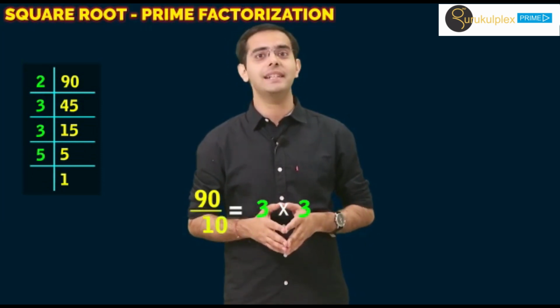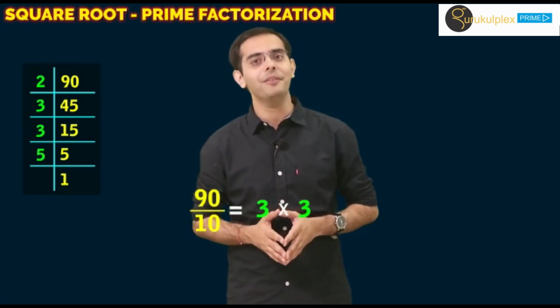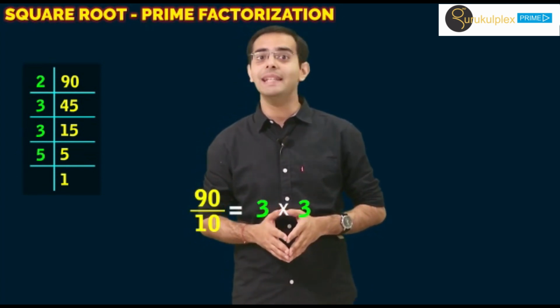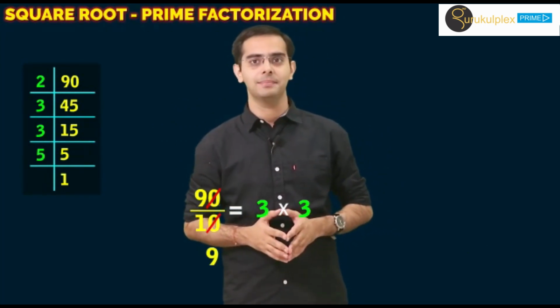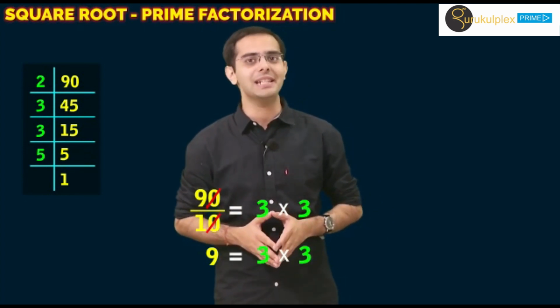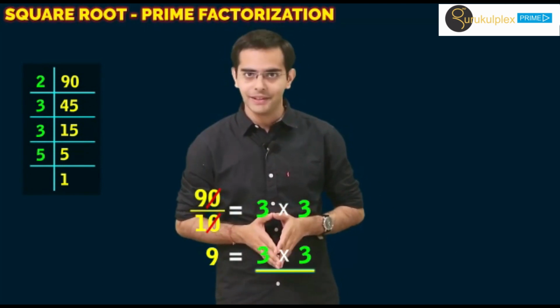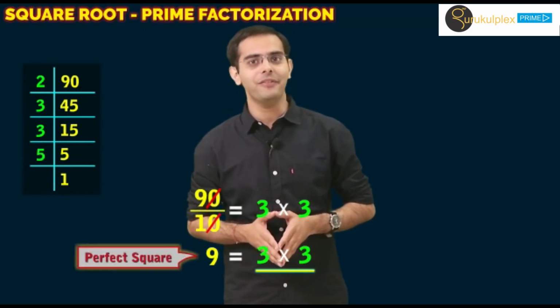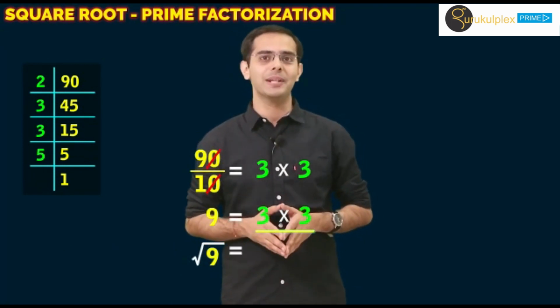So if we divide the given number by 10, then also we get a perfect square. So 90 divided by 10 gives us 9, and its prime factorization is now equal to 3 into 3. Since the prime factor is in pair, 9 is a perfect square. And what's its square root? Yes, its square root is 3.